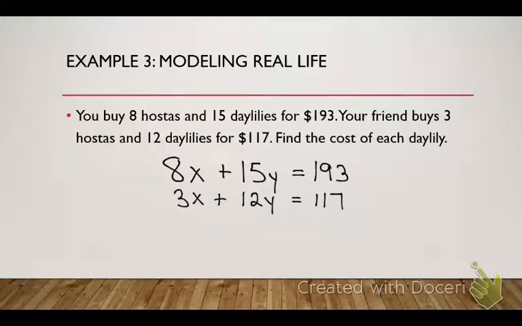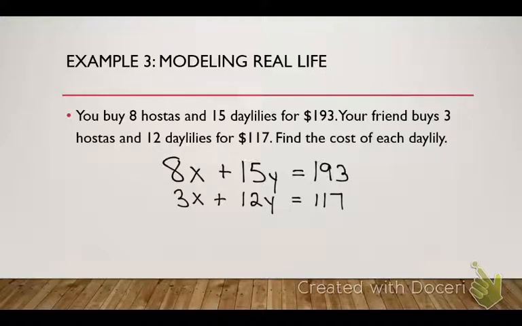Okay, so I know that 3 does not go into 8, so I need to go up to the next multiple of 8, which is what? 16. Okay, I'm going by multiples of 8 because I need it to be divisible by 8 also. So 3 does not go into 16, the next multiple of 8.